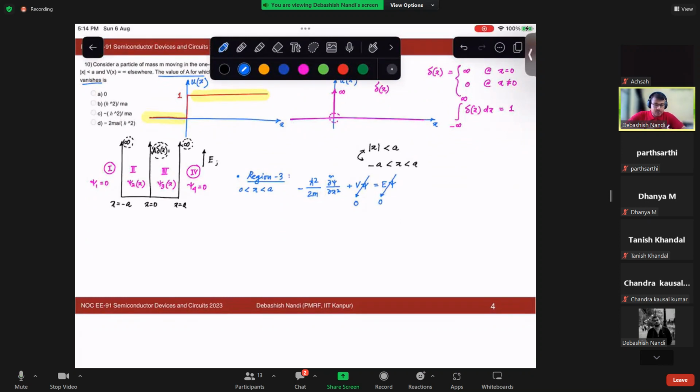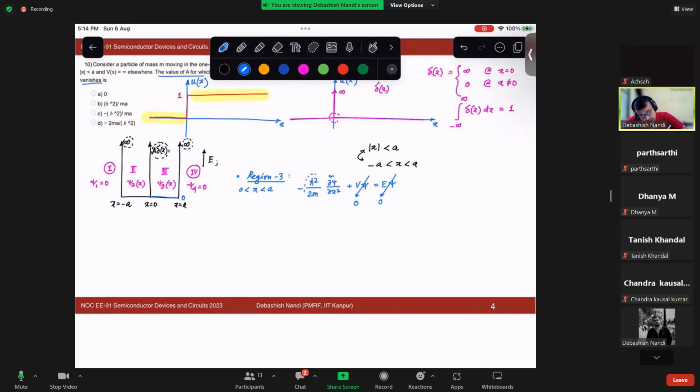Did you get it? Why am I putting V and E both 0? Because V is 0 from the condition of potential at this place, and E is 0 because I want to find the solution for the case for which the ground state energy vanishes or becomes 0. So what do I have left?